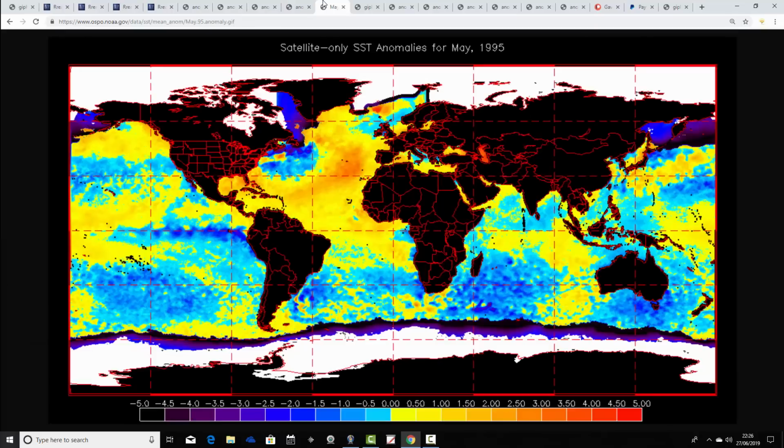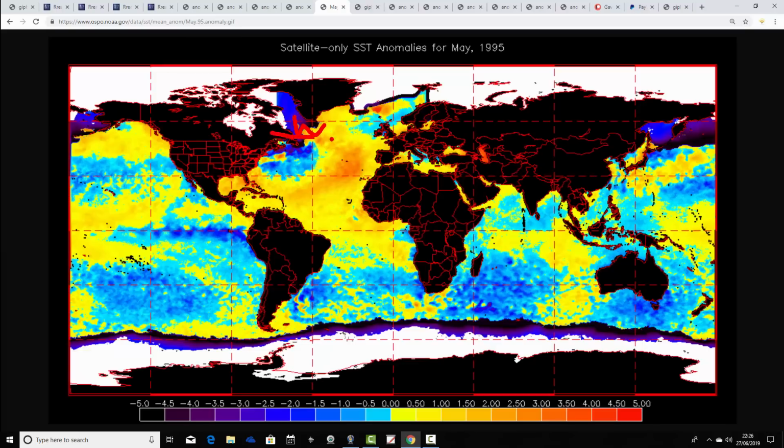And then finally got this example from 1995, May 1995. Now this is much longer time ago, so the projection is very different. But if you think that we've got it warm up here, ignore this blue just there. That shouldn't be there. It should be warmer than average around that area. So that's a flaw within the old-fashioned sort of satellite.